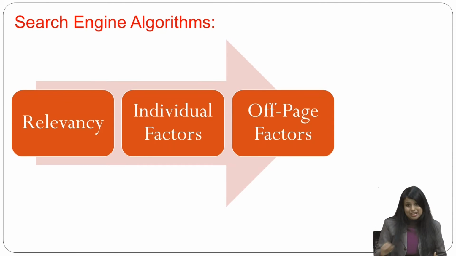Now the individual factors, the second point. It is another part of search engine algorithms, where individual factors make that particular search engine different from others. It is seen that every search engine has a unique algorithm, and individual factors at different search queries result in different results on Google, MSN or Yahoo, right?